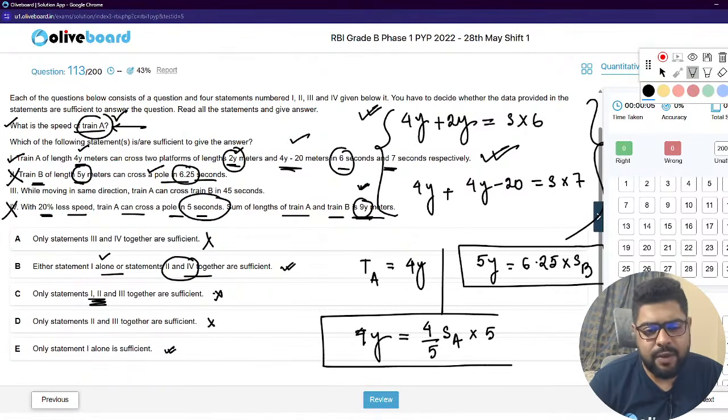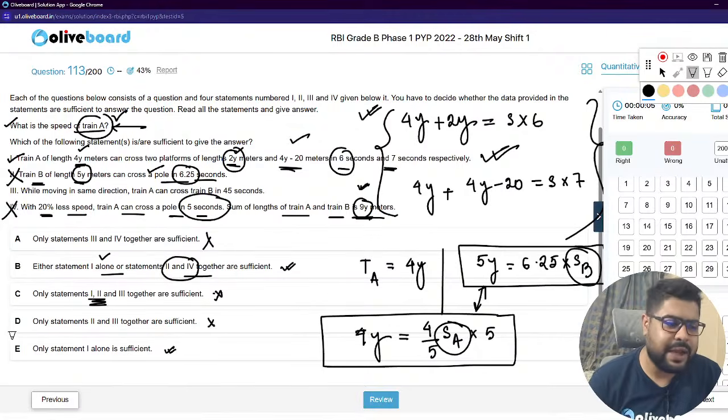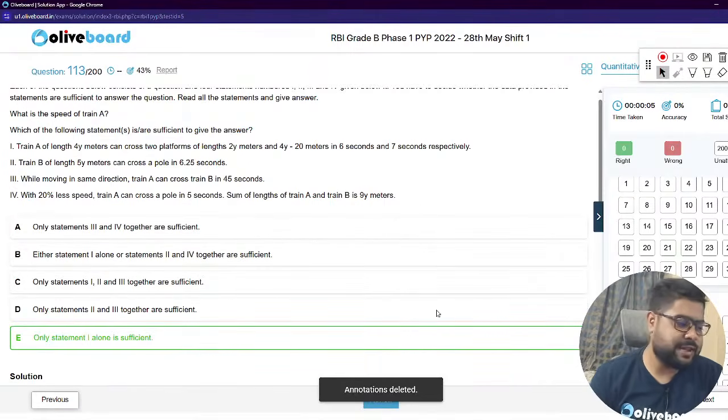But you see from here, even if we try to divide, y I can cancel, but there will be still two variables, SA and SB. There is no relation given among them. So again, I cannot. So my answer will be option E, sir. Only statement 1 is sufficient. Statement 2 and 4 together also are not sufficient.